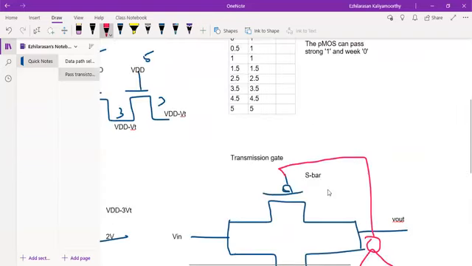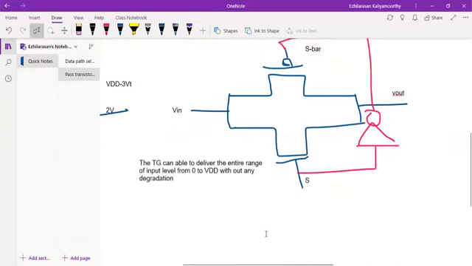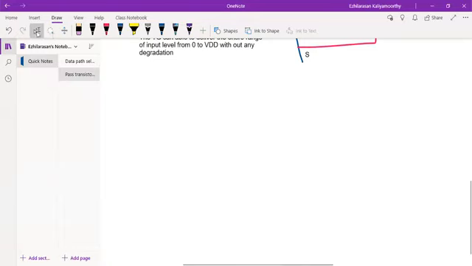Now let us do some numericals related to NMOS. One numerical we'll do in the problems.